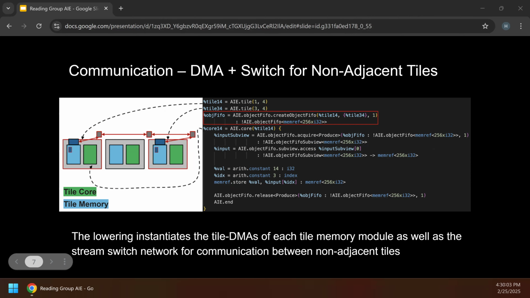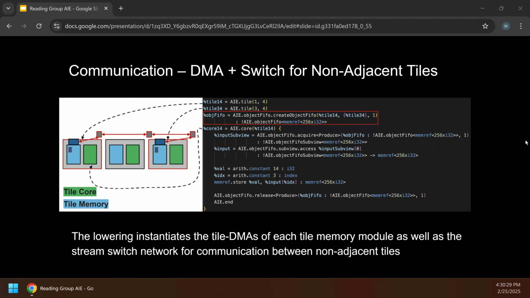Okay, so I guess we have already discussed this. For the non-adjacent tiles, we still stick with these object FIFO representations, and there's no difference between non-adjacent and adjacent when using only this interface.